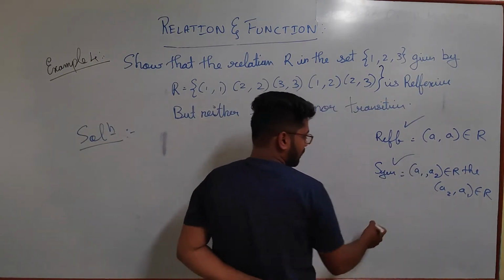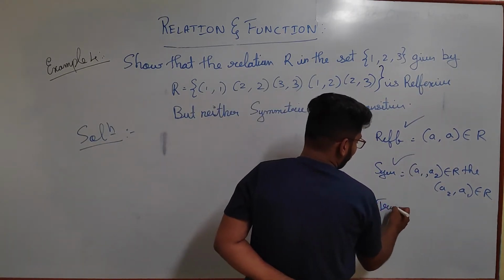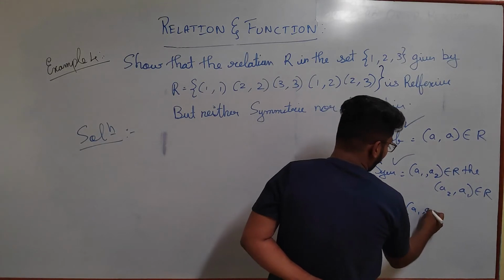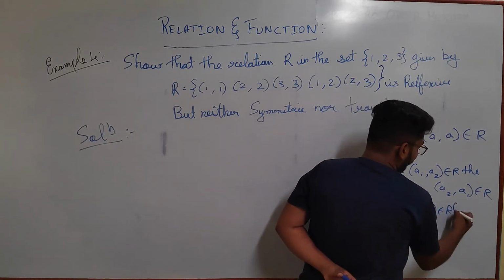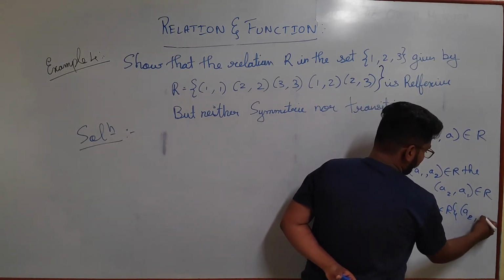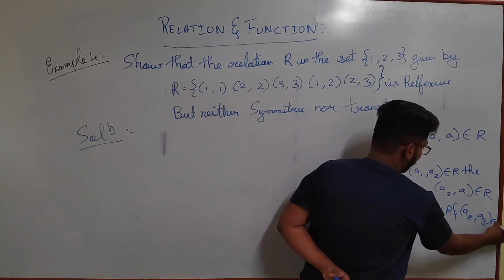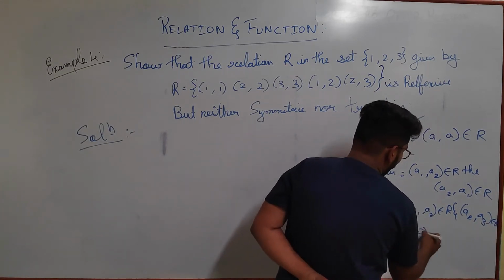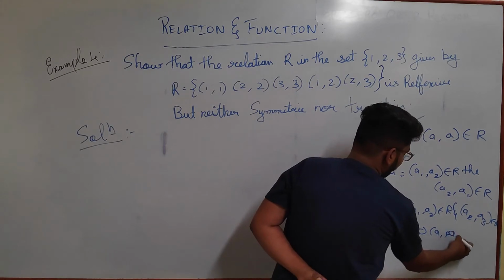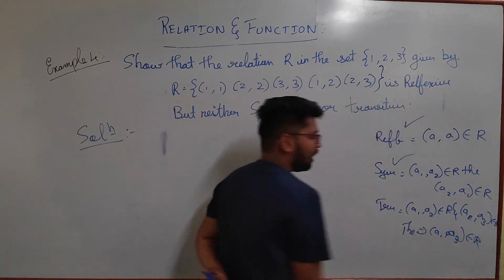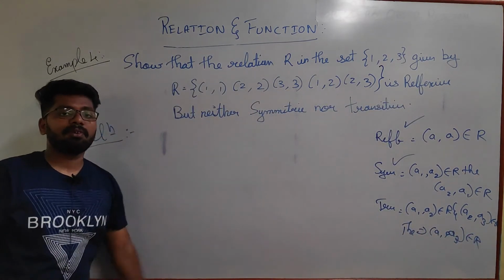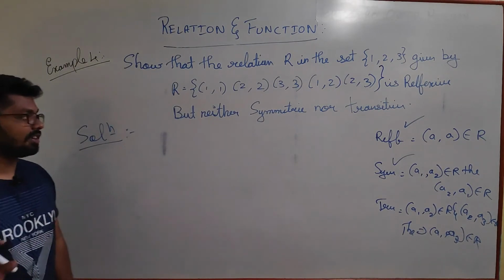Transitive means if (a1, a2) belongs to R and (a2, a3) belongs to R, then (a1, a3) should also belong to R. So this is the quick recap of all the three definitions we have studied so far.